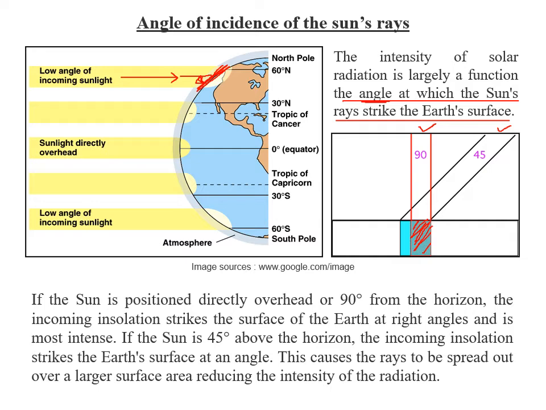Now with a lower inclination, the areal coverage over which the ray falls will be increased. With more close to 0 degrees, it will cover a much wider area.